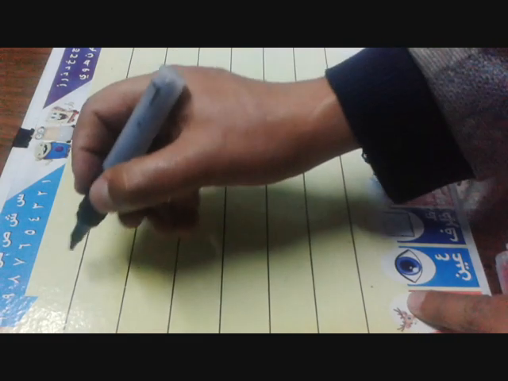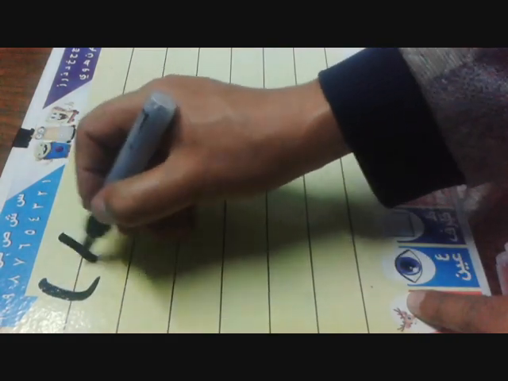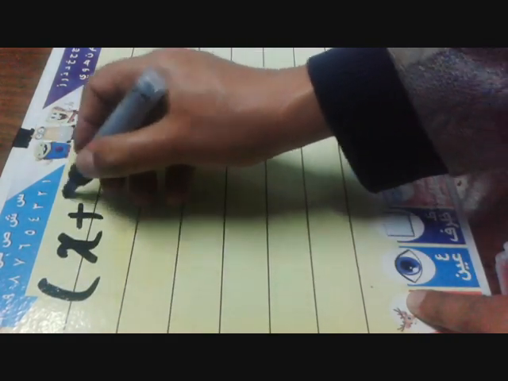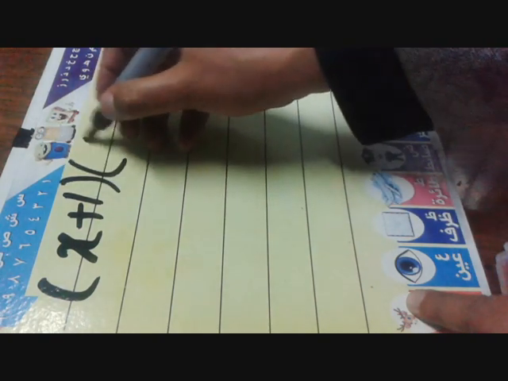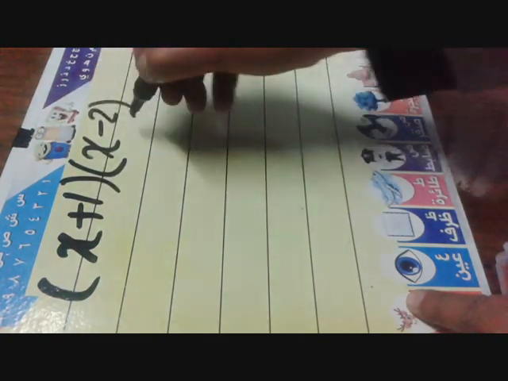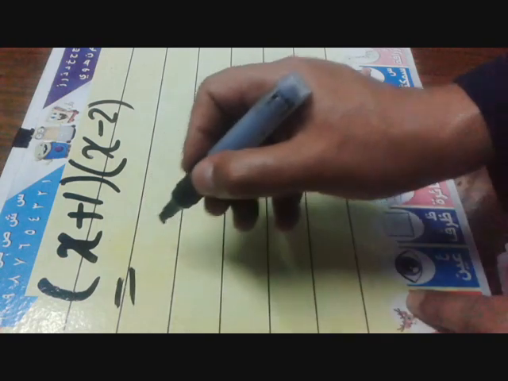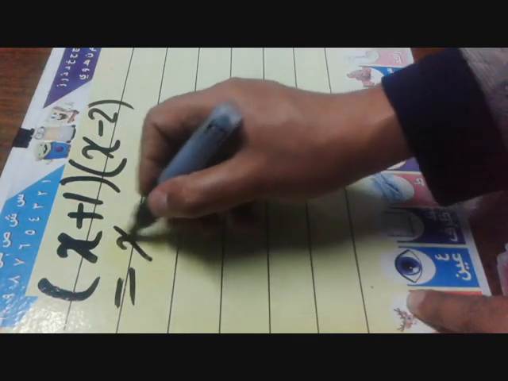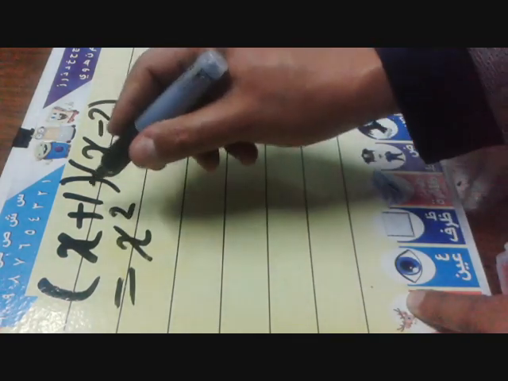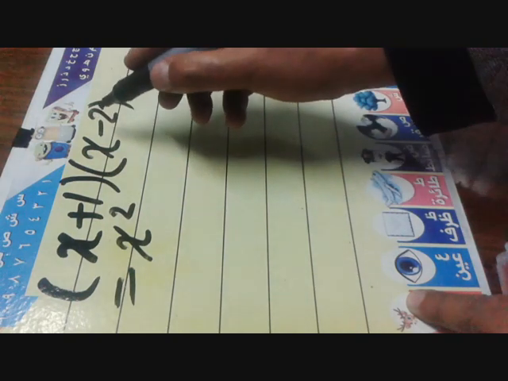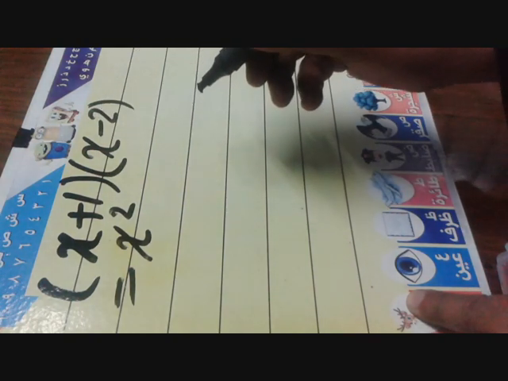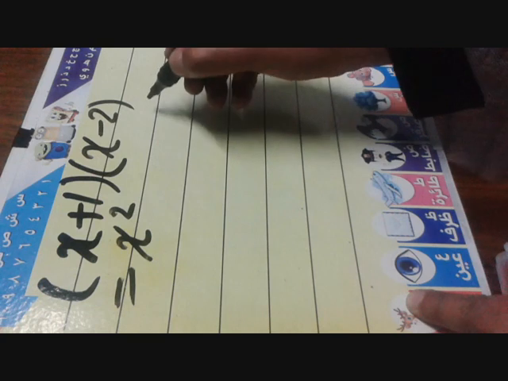Multiply x plus 1 times x minus 2. X times x is x square, positive 1 times negative 2 equals negative 2.